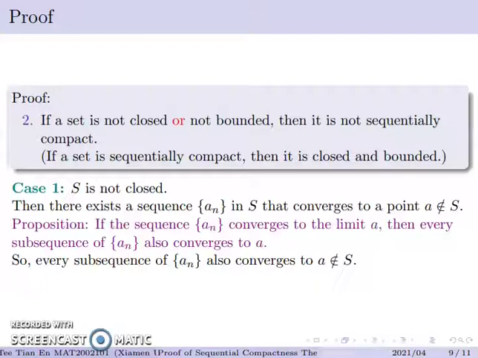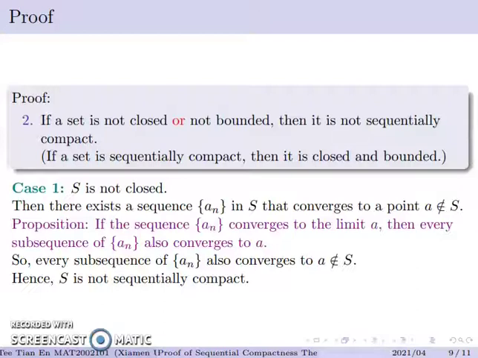Therefore, by this proposition, every subsequence of this AN will also converge to A, but A is not inside the set. Therefore, the set is not sequentially compact, because the point does not belong to the set.